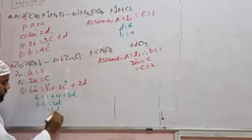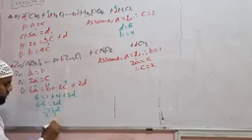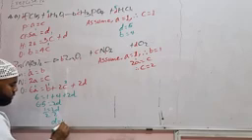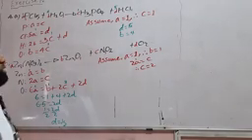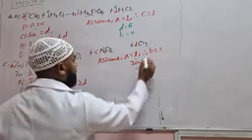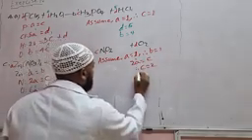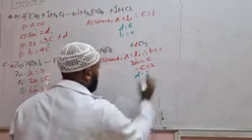Therefore, over 2, D is equal to 1 over 2. D is equal to 1 over 2. Therefore, we got A 1, B 1, C 2, D is 1 over 2.